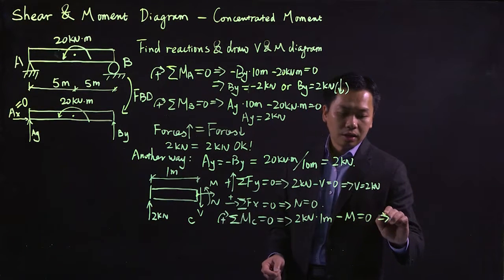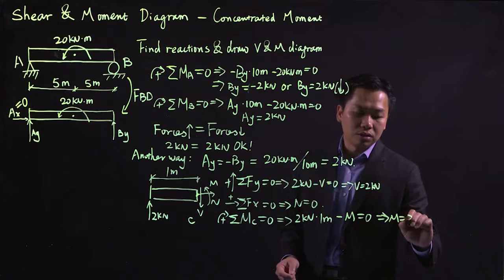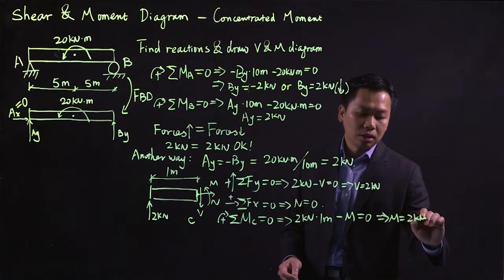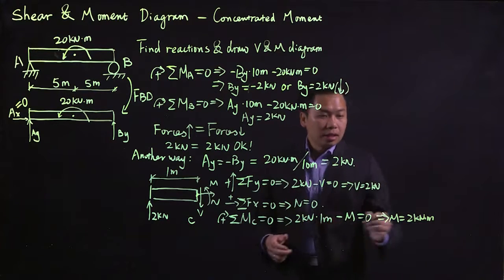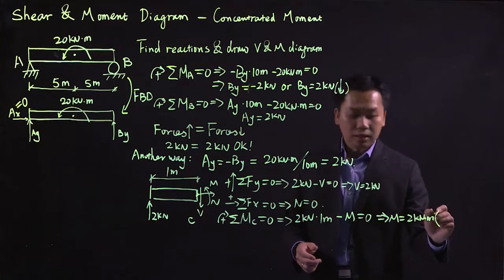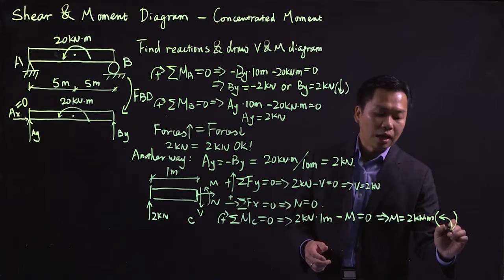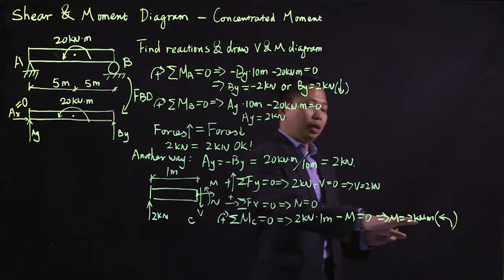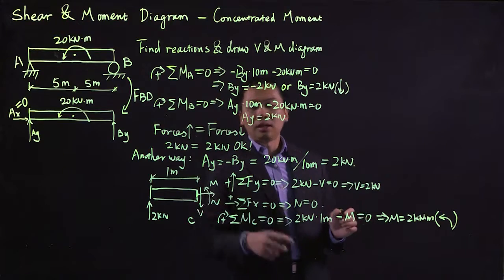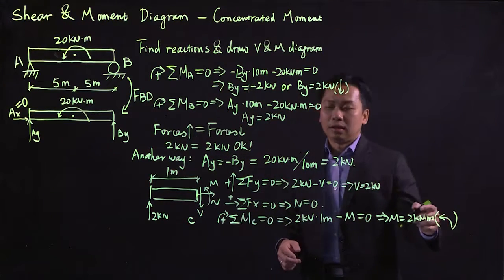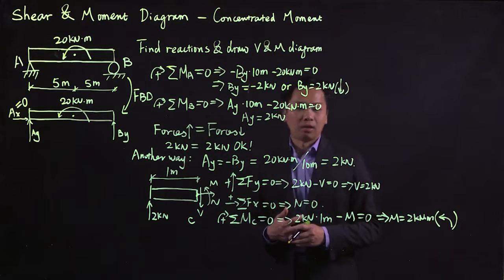Therefore, your moment is equal to 2 kilonewton meters. And that is in the counterclockwise direction because, with our assumption being counterclockwise, the answer we calculated is positive.